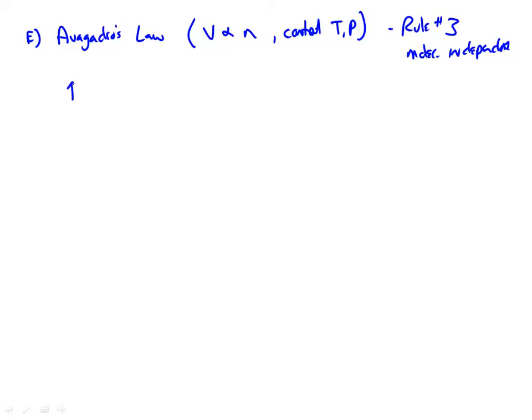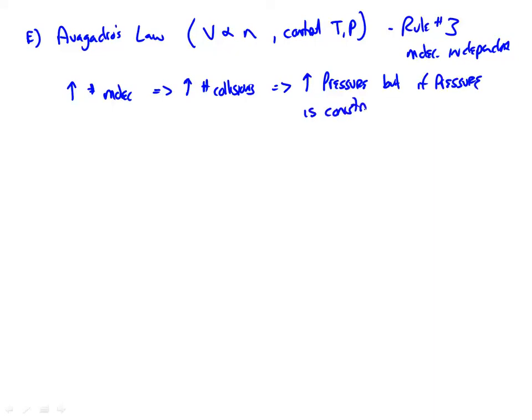Therefore, if I increase the number of molecules, that means that I increase the number of collisions, which leads to a corresponding increase in pressure. But if pressure is constant, then I have to increase the volume to decrease the number of collisions. And so we can see that that's true.